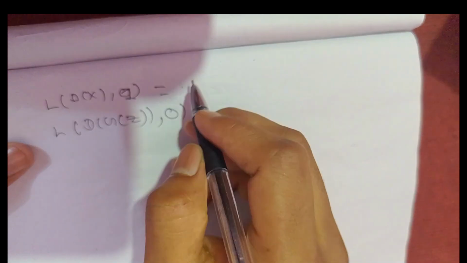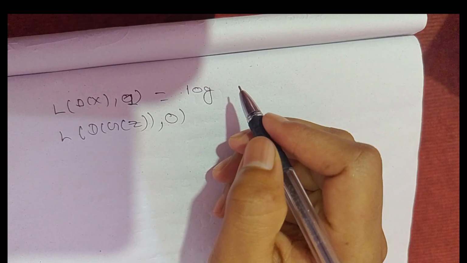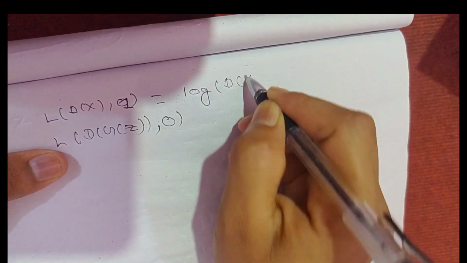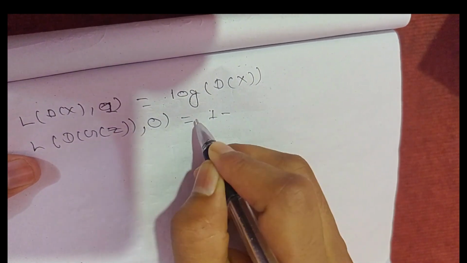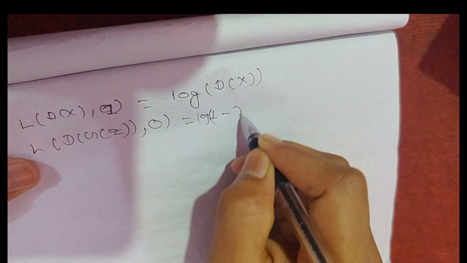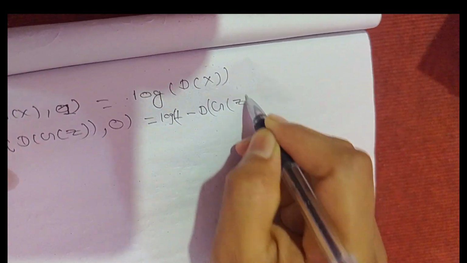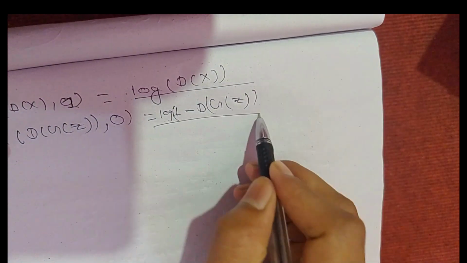Let's estimate this value: it is log of d of x, and the other is log of 1 minus d of g of z. So guys, these are both functions, and these are the losses.